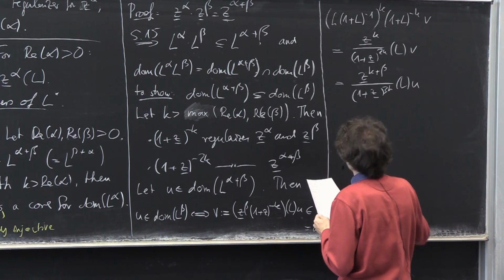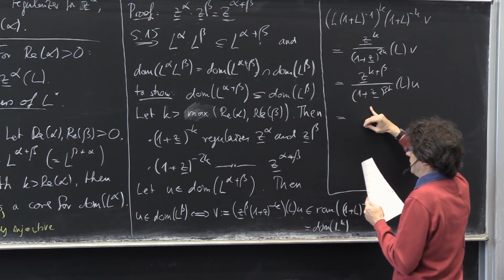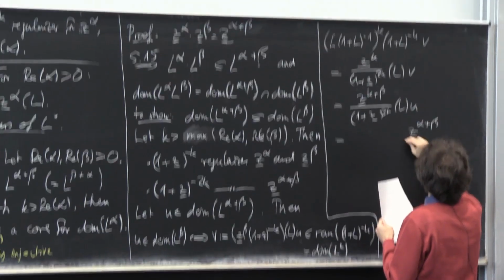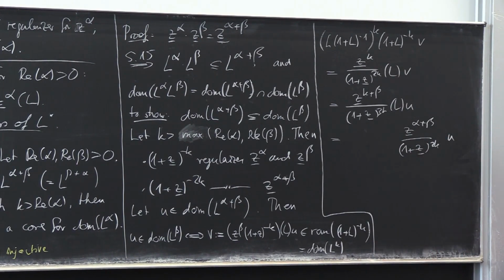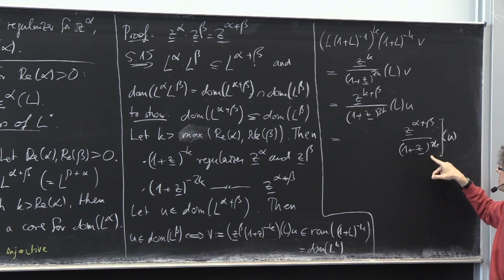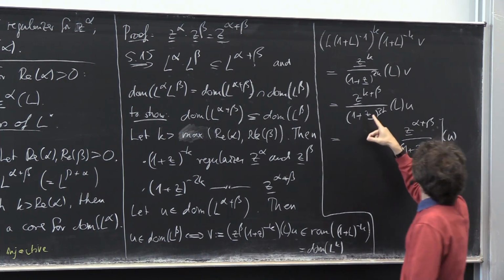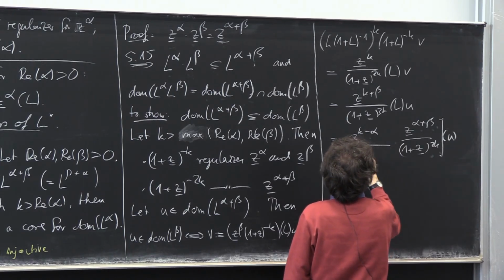Now, again in the elementary calculus, what I want to have is z to the alpha plus beta divided by 1 plus z to the 2k applied to U. This is the thing I want to have, where the alpha plus beta sum is there, and I need this to regularize it, to have enough regularization to make this an H0 infinity function. This is the regularizer for this one. So what remains here is z to the k minus alpha divided by 1 plus z to the k.